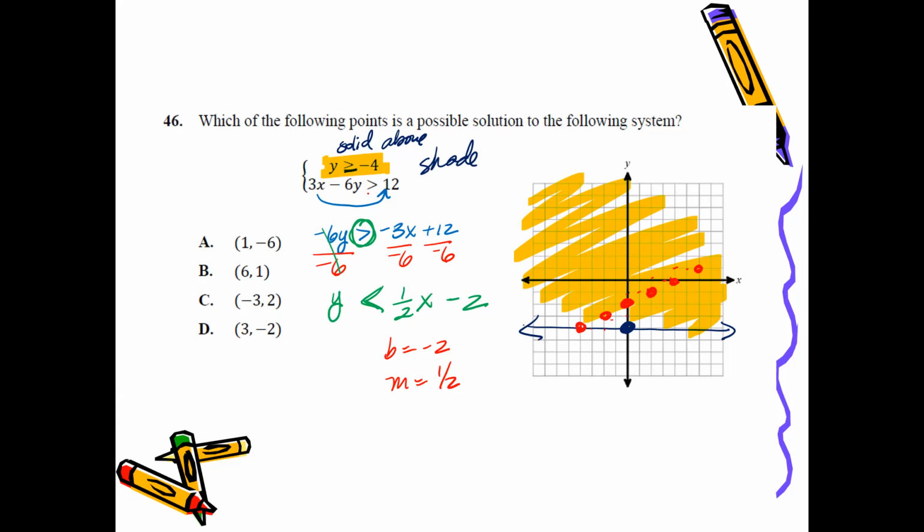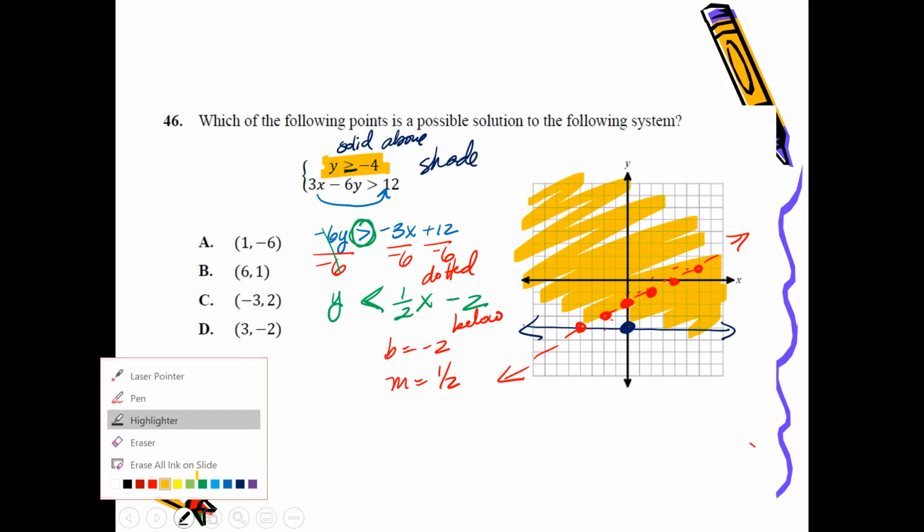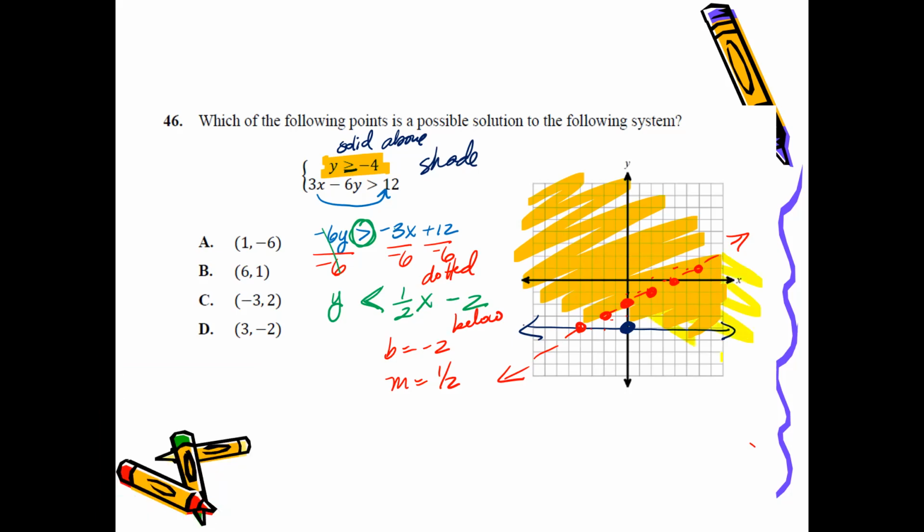And now when you look at this, there's no equal sign, so this is going to be a dotted line. Let's draw a dotted line like this. Do you see how it's y less than? So you're going to shade below this red line.